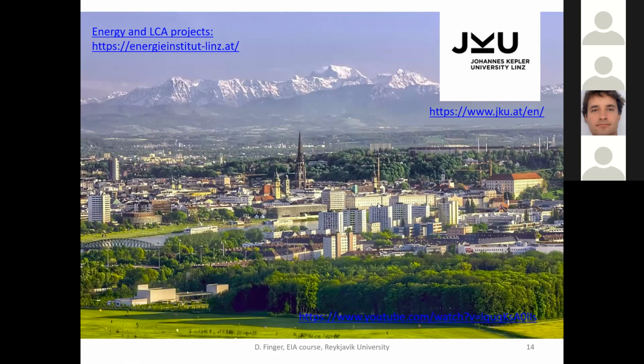There's an LCA group where you can work together with our Austrian friends on life cycle analysis projects, and maybe do an internship or an Erasmus exchange year in Linz, if you're interested in getting more information and working with people who have been working with life cycle analysis for longer. If you're interested in this, please contact the international office. This could be another option.